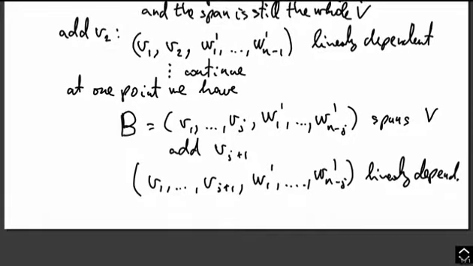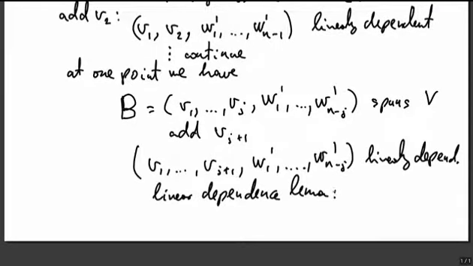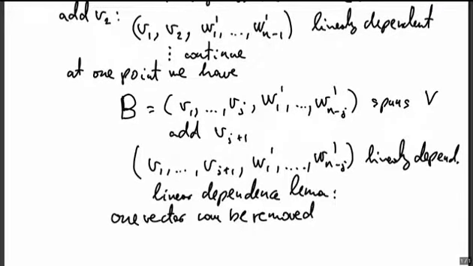Then we are able to remove one vector, again by the linear dependence lemma. The linear dependence lemma had three equivalent parts. So the one vector that can be removed to have the same span is also a linear combination of the previous ones.